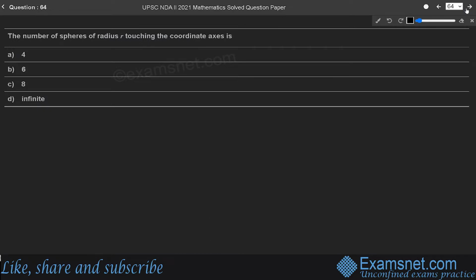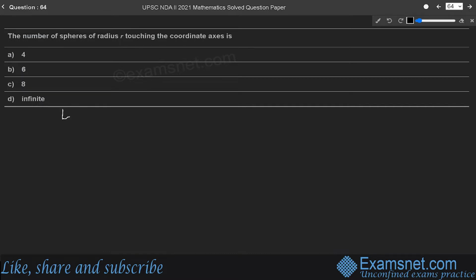Next question is: the number of spheres of radius r touching the coordinate axes is. To solve this question, you need to know a concept which is the octant. An octant in geometry is one of the 8 divisions of the 3-dimensional coordinate system, defined by the signs of the coordinates.